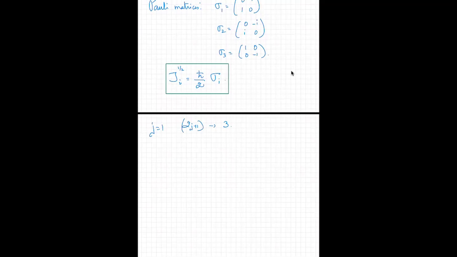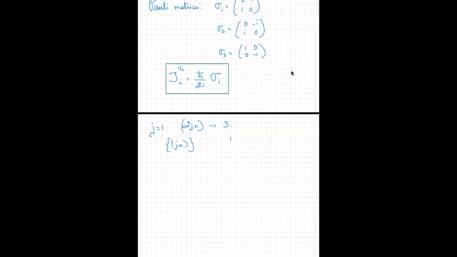Okay. So the vectors you can think of as column matrices if you want, and the operators in this 2-dimensional Hilbert space are 2 by 2 matrices, the Pauli matrices. So for the J equal to 1 case, you'll have 3 basis vectors. What are the basis vectors?